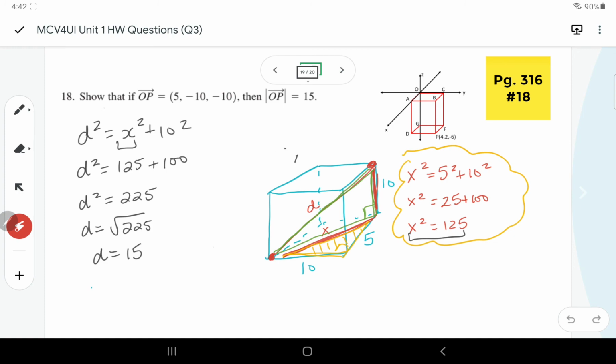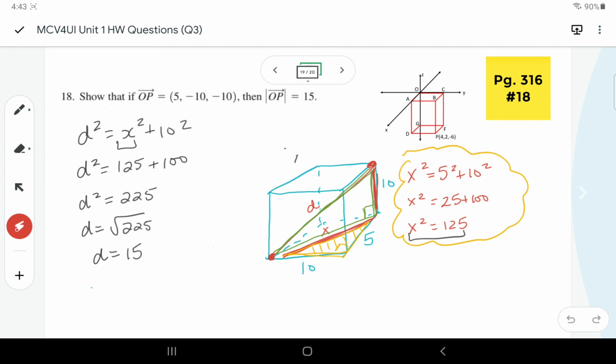Okay, this one was also in the lesson for lesson day 8. This is kind of a specific case of how we could find the distance from a point to the origin using Pythagorean theorem twice.